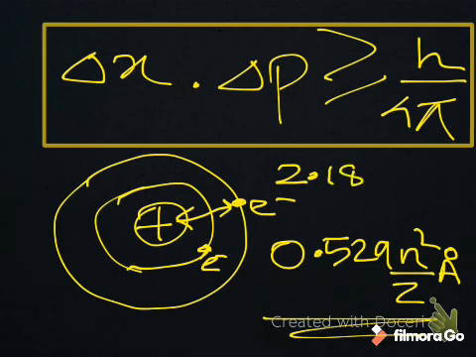And by using the formula for velocity, 2.18 into 10 to the power 6 into z by n meter per second, we can know the velocity, and if we multiply by the mass of the electron, we can know the momentum. You might know z is the atomic number. In case of hydrogen it is 1, and n is the shell number, right?